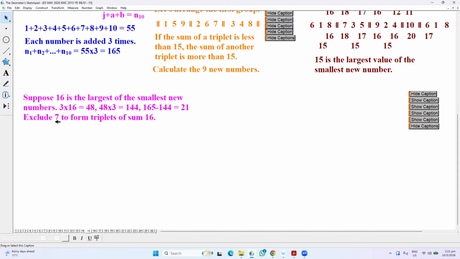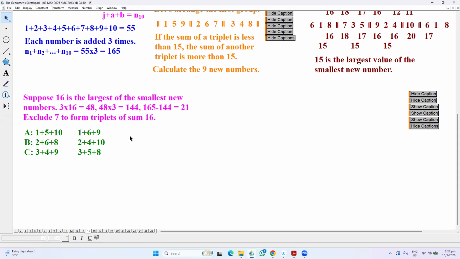21, we know, divided by 3 is 7. So we exclude 7. Just now we exclude 10. Now we exclude 7, then only can we form triplet sum 16 one. So 16, 1, 5, 10, or 1, 6, 9.